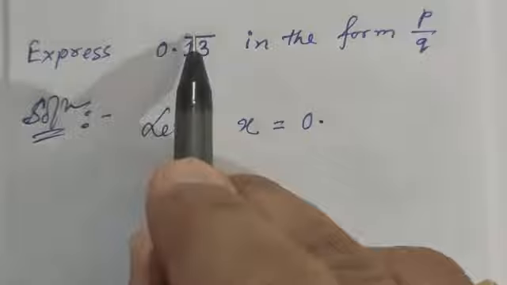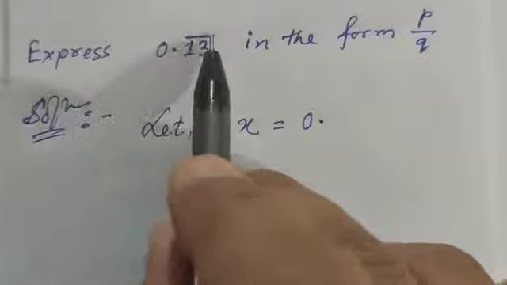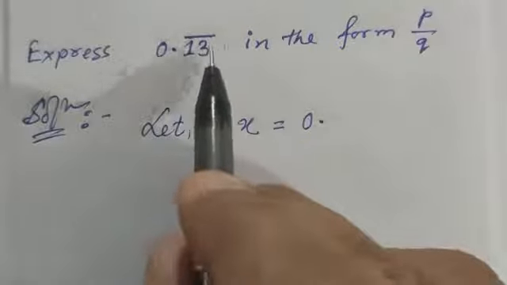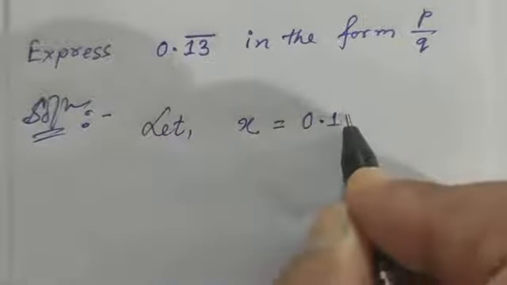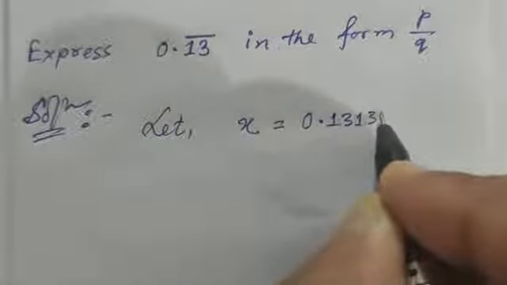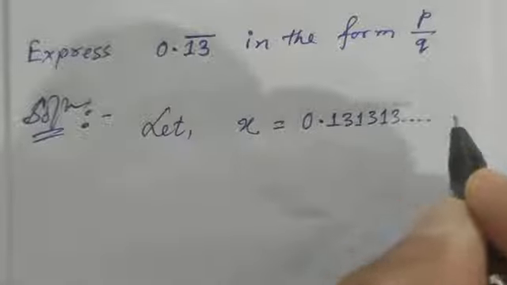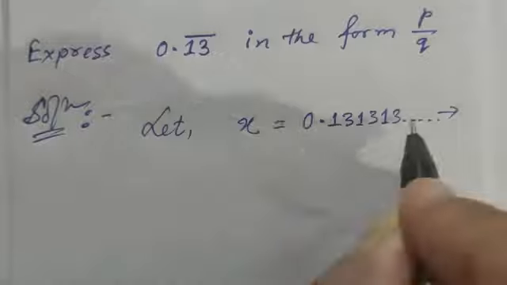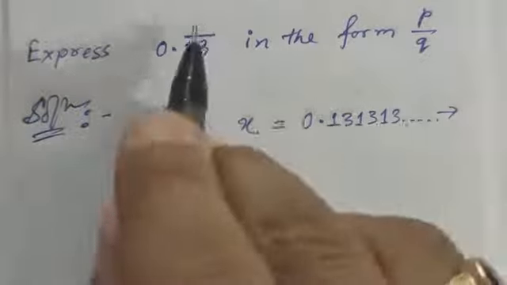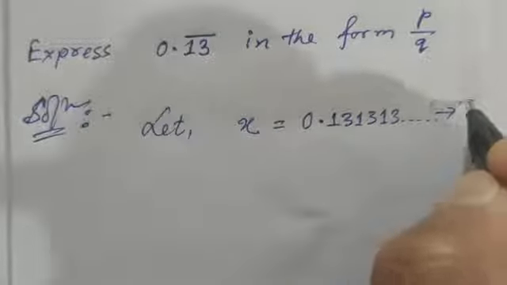A bar is given above 13. It means these two digits are repeating. That means it can be expressed as 13, 13, 13 and so on. It is repeating actually, that's why instead of writing like this repeatedly, a bar is put on top.